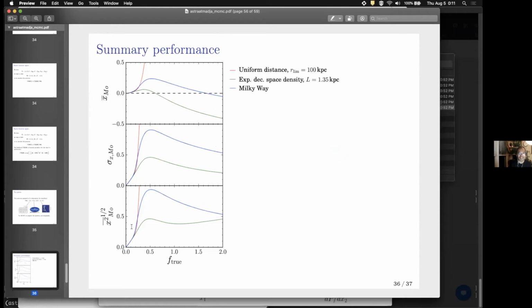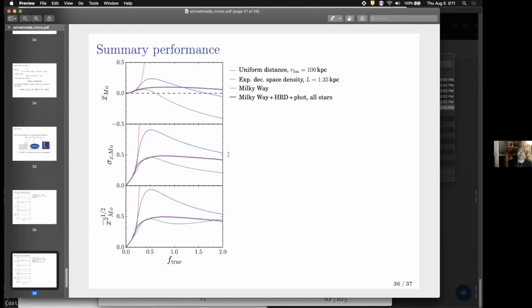This is what we saw yesterday. As we have seen, the exponential space density looks very good here, but for poorly measured stars, it has a really high bias. It's better that we use a galaxy model.